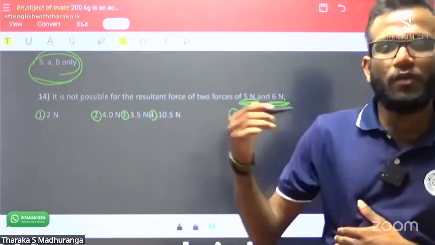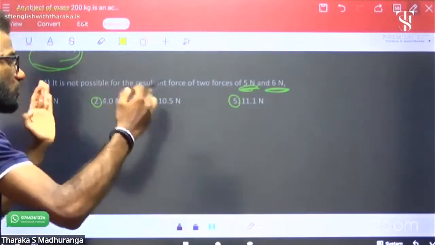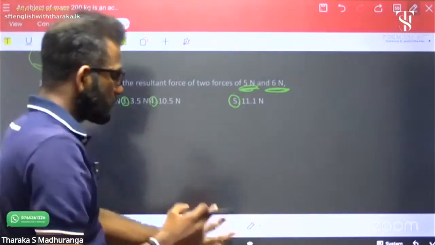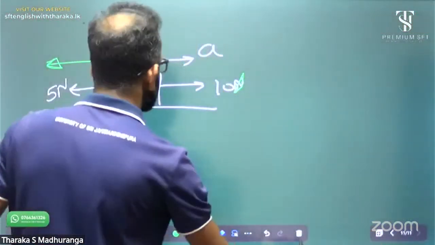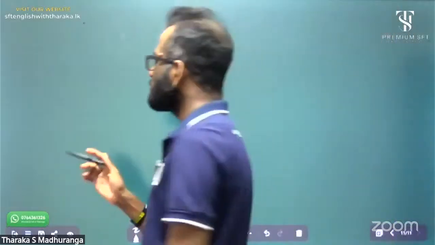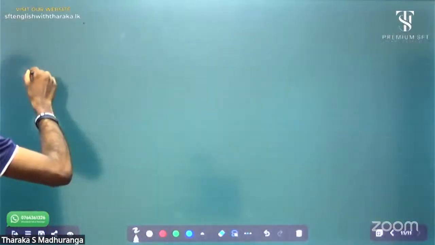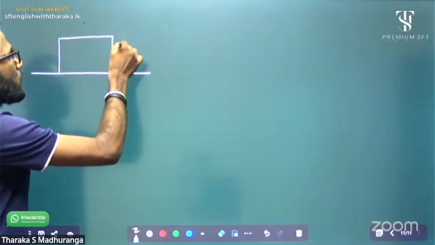Okay, that point I already explained in theory lessons. Resultant of two forces, remember, maximum resultant of two forces. Now 5 Newton and 6 Newton.